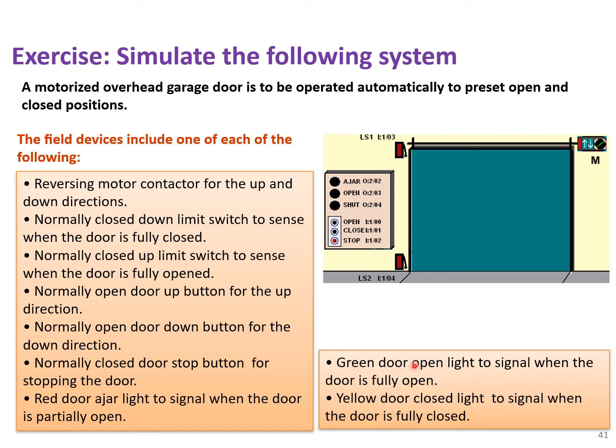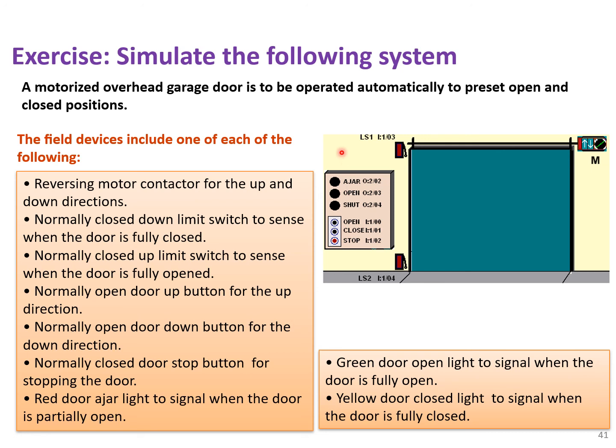And we have a green door open light to signal when the door is fully open. Okay, so when this limit switch is activated, this light should be on. And we have a yellow door closed light to signal when the door is fully closed. Okay, so these are our inputs and outputs.